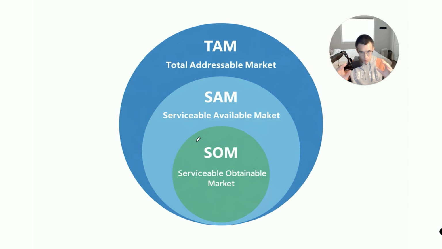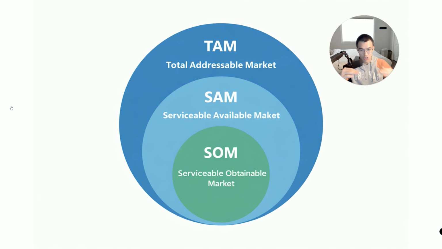So yes, when you make videos, you only target the SOM and you only expand if you've completely capped the niche. And then you move up to the serviceable available market, which is just everyone who, for example, wants email marketing. And if you saturate that, then you need to move up market again to anyone that needs help with email marketing in general.